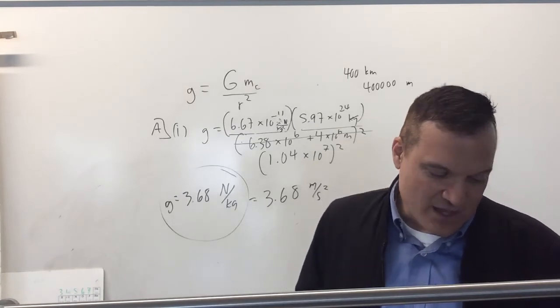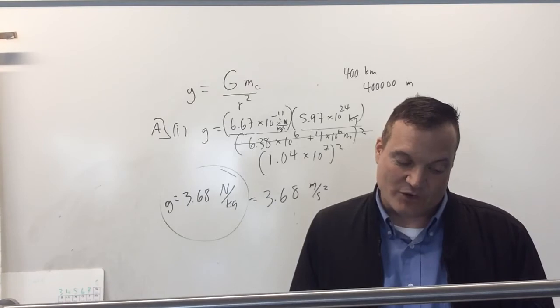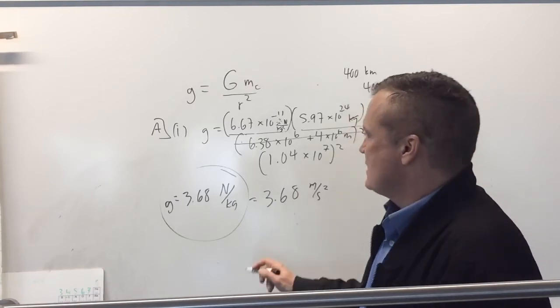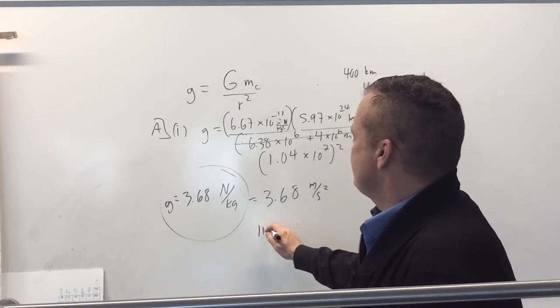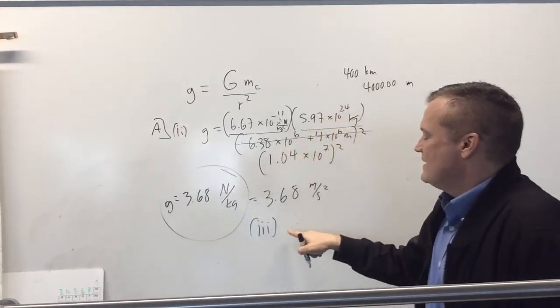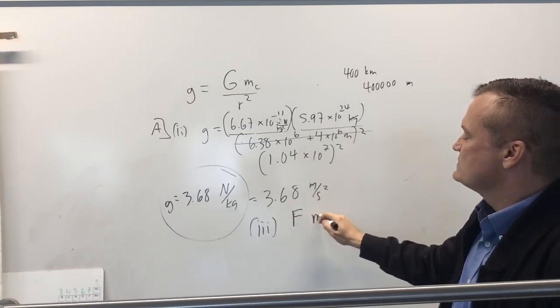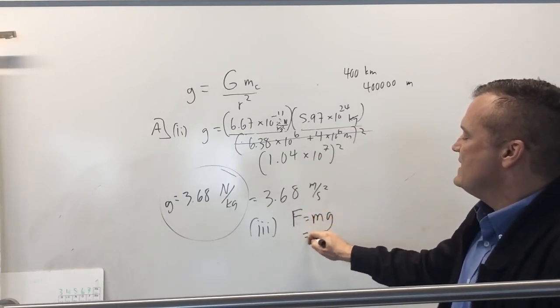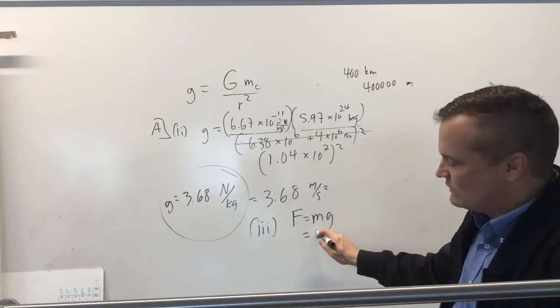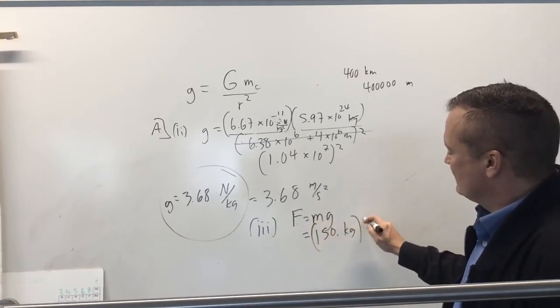Number 3 says, what would be the weight in newtons of a 150 kilogram satellite at 400 kilometers above the Earth? So for number 3, and by the way, that was number 2. It became number 2 when I put that number in. Number 3, above the Earth, what would the weight be? Well, F equals mg. The weight of the satellite will be the mass, which is 150 kilograms, just like we did back in the earlier chapter.